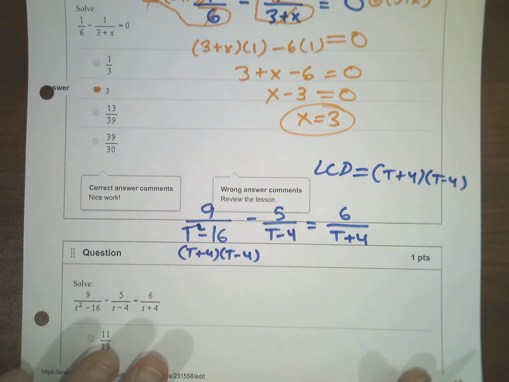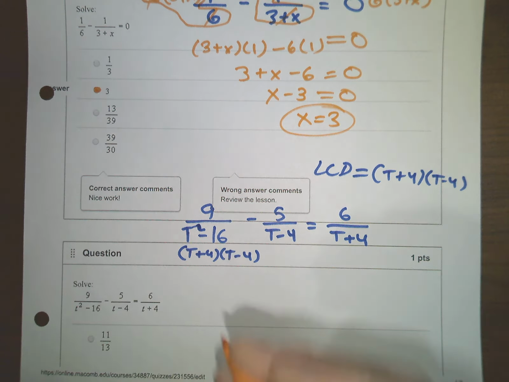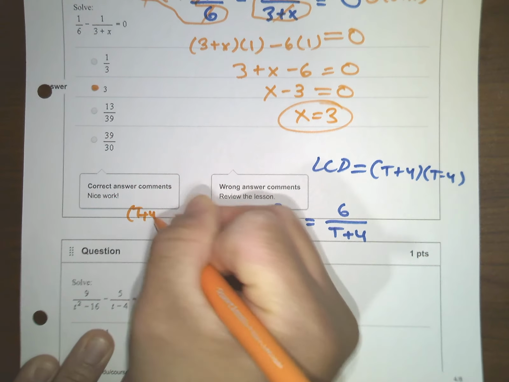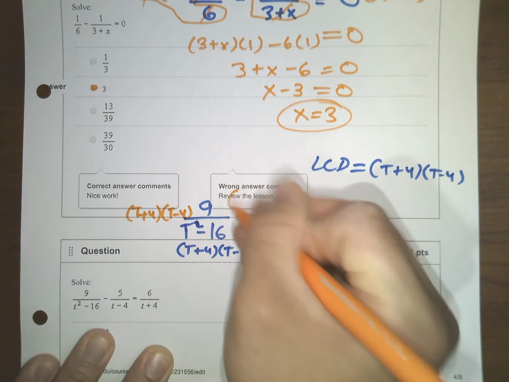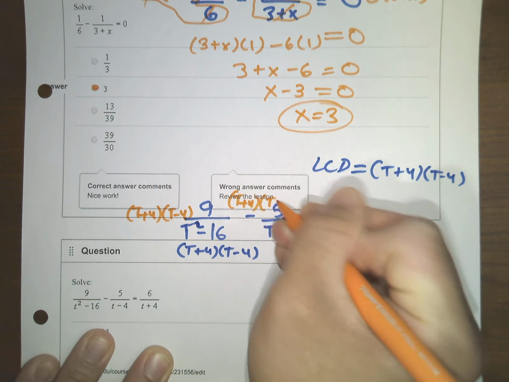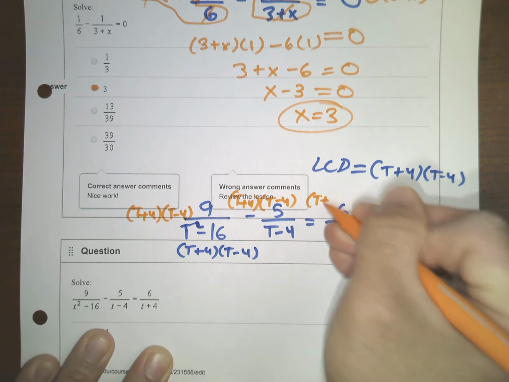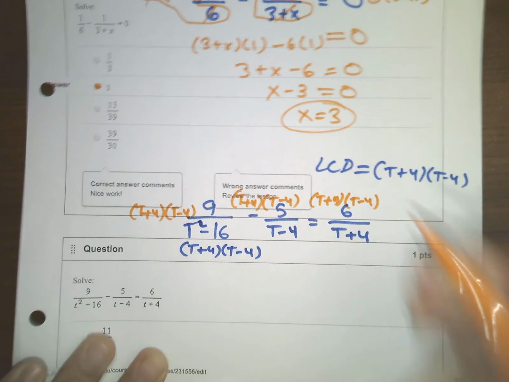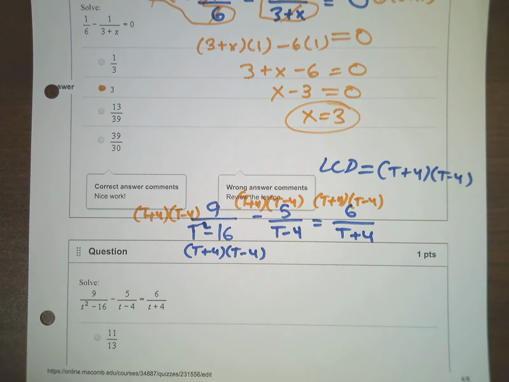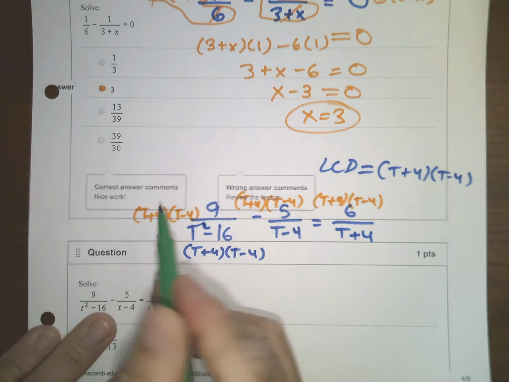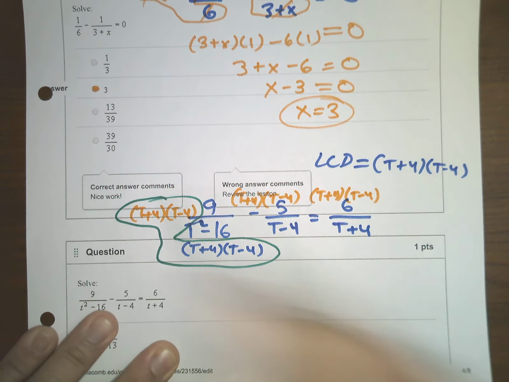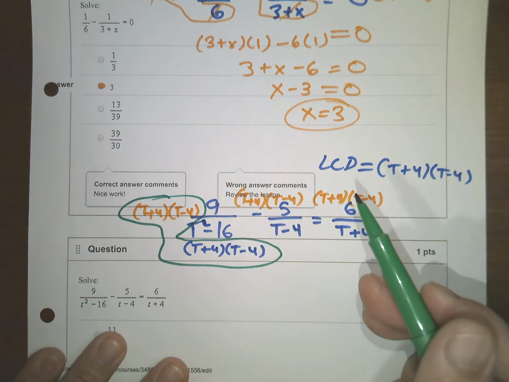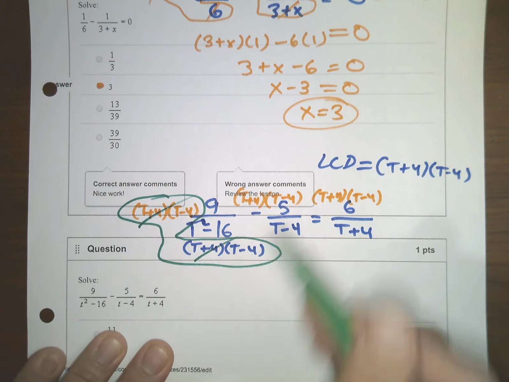So I'll multiply every term by t plus 4, t minus 4. So I have t plus 4, t minus 4, t plus 4, t minus 4, t plus 4, t minus 4. So then here I see that the t plus 4 times t minus 4 over t plus 4, t minus 4, everything divides out.